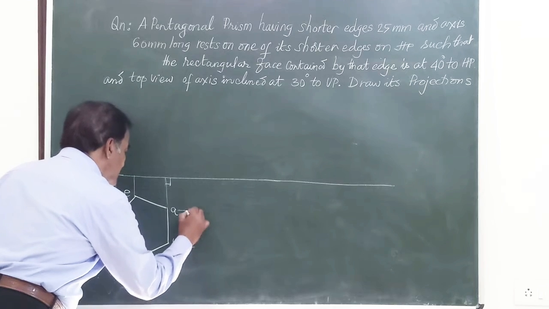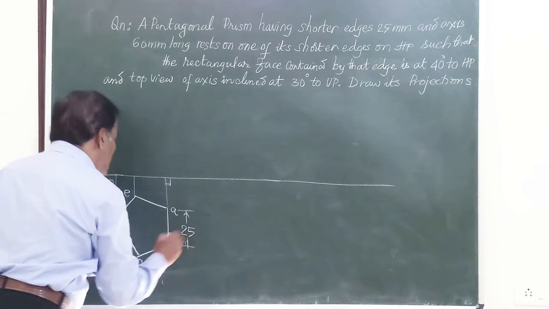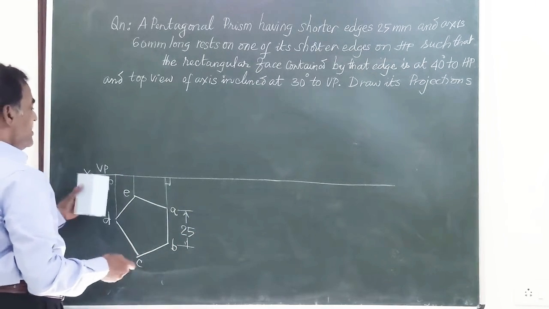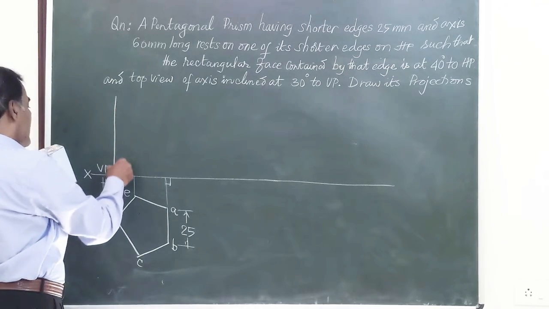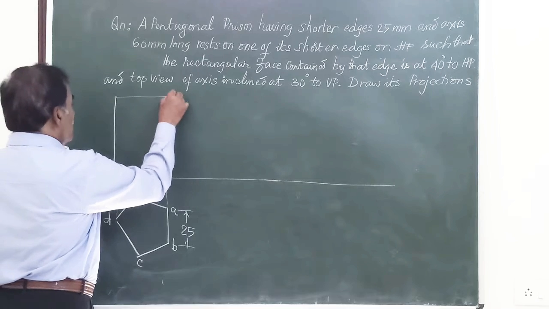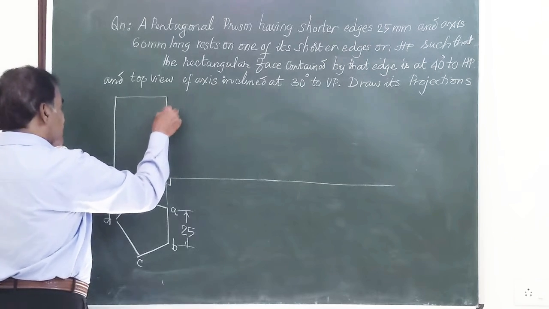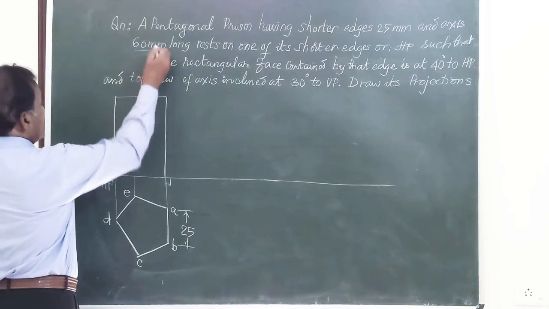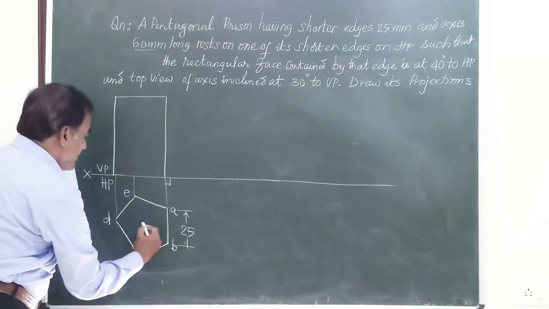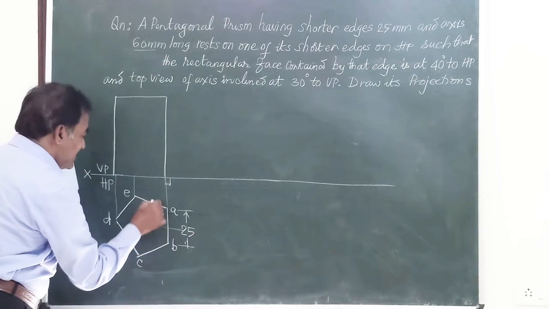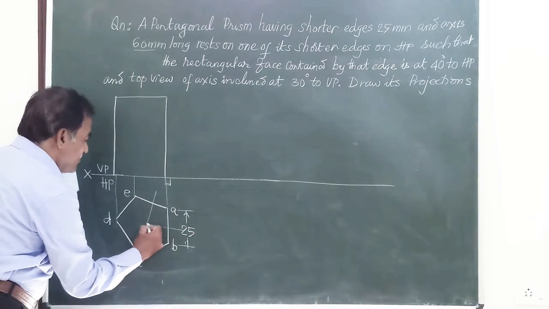So this is 25 mm each. And corresponding to this top view, in the front view, you see a rectangle having the axis height equal to 60 mm. This 60 mm they have given here. So I just mark the center of this pentagon by bisecting any two adjacent sides. So this is going to be somewhere here.